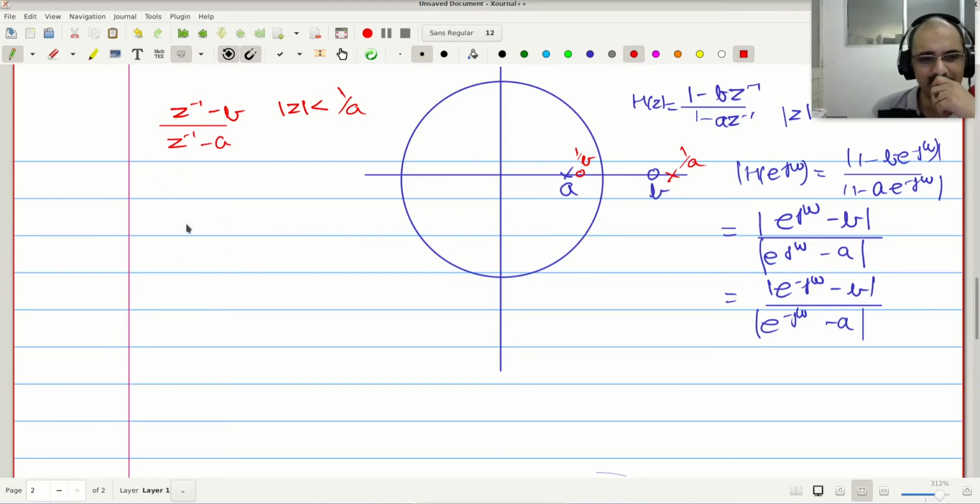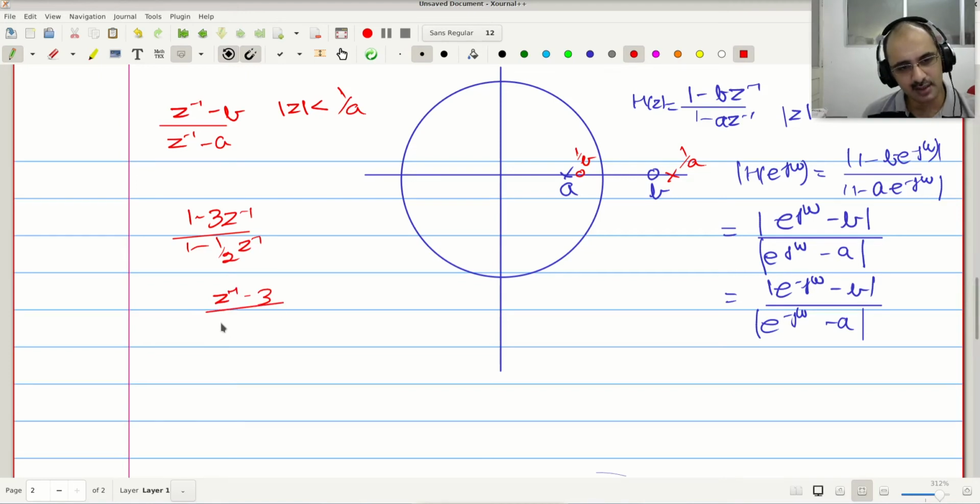Now this system can be simplified. Let's take a particular example. I'm going to take something like 1 minus 3z inverse by 1 minus half z inverse, because I chose b to be larger than 1. So the reverse system will be over here. It is going to be z inverse minus 3 by z inverse minus half.